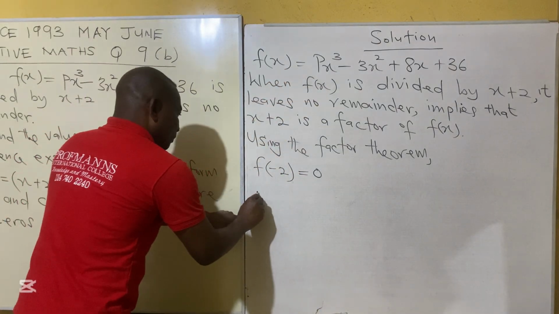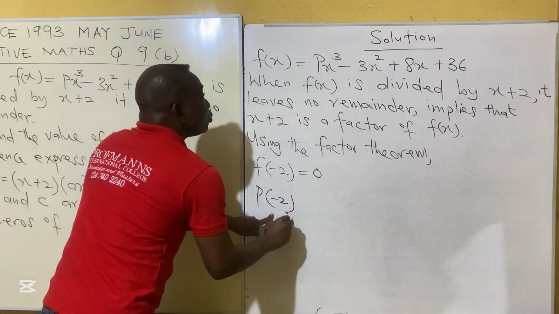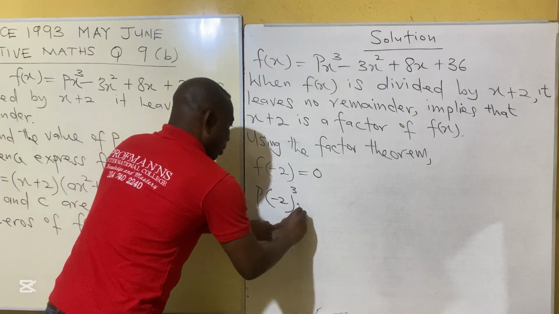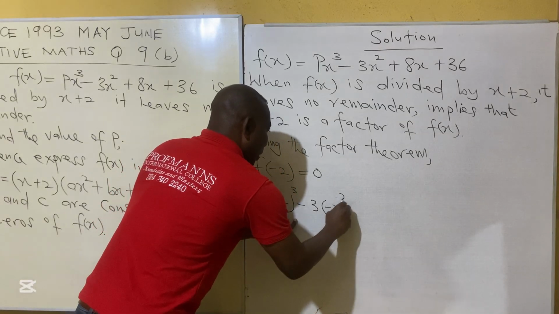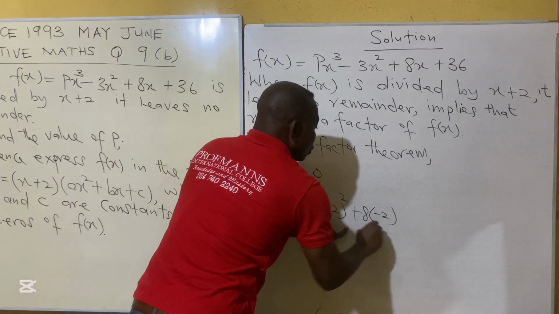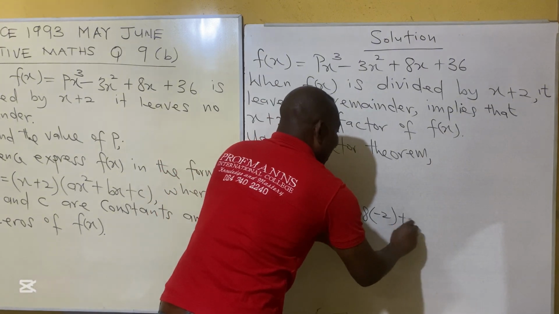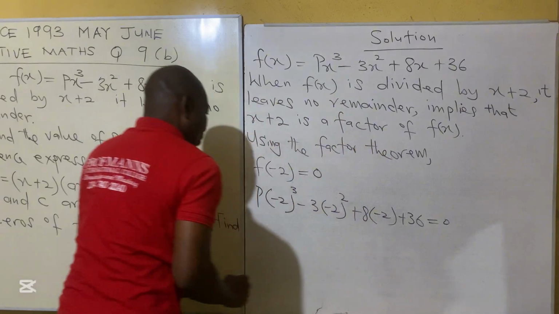So we have p into minus 2 cubed minus 3 into minus 2 squared plus 8 into minus 2 plus 36 is equal to 0.